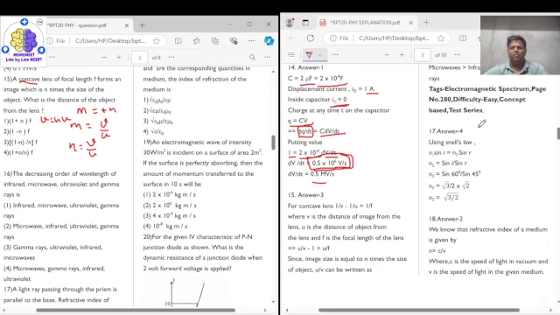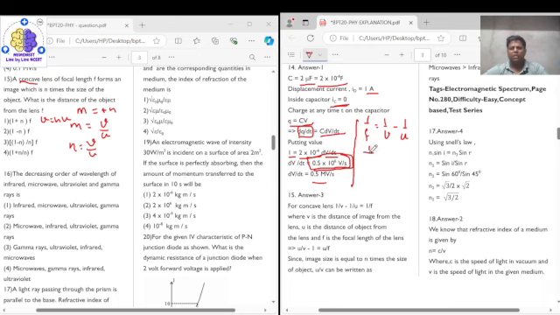Using the lens formula, what we'll write is 1/f is equal to 1/v minus 1/u. For a concave lens, the focal length is negative. What we have to calculate is the distance of the object from the lens, that is, we have to calculate u.